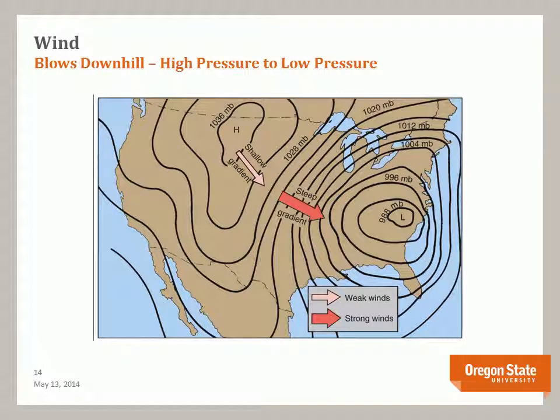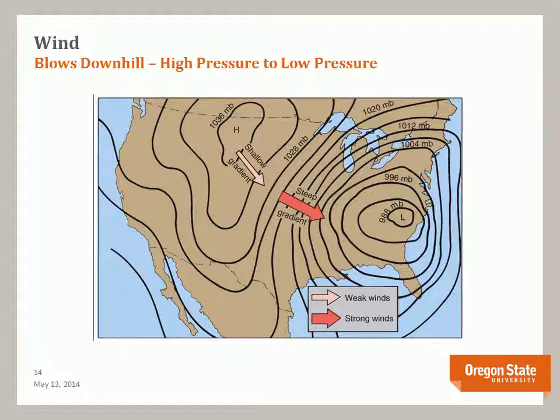As mentioned previously, isobar contour maps can also be used to estimate the direction and strength of winds. There are two fundamentals. Winds move downhill from high pressure to low pressure. And the second principle is that the closer the contour lines, the steeper the gradient and the more powerful the winds.